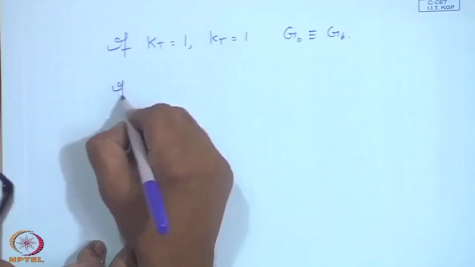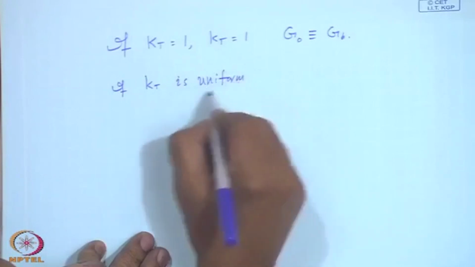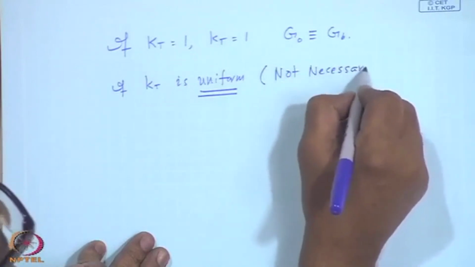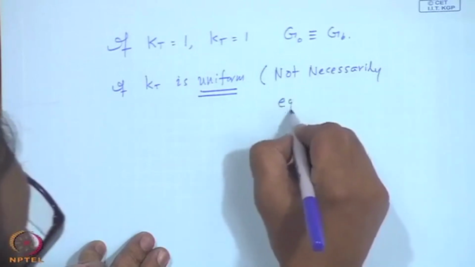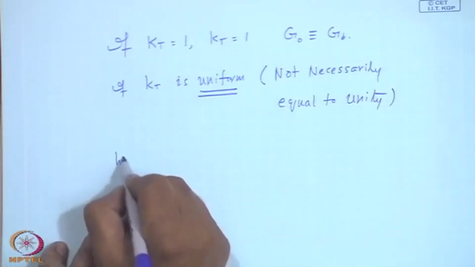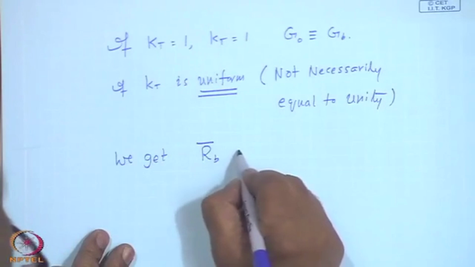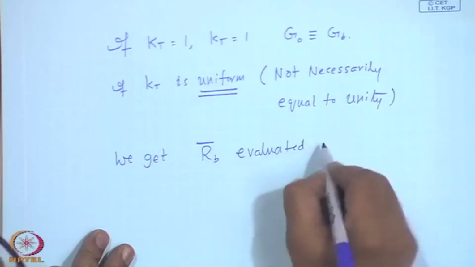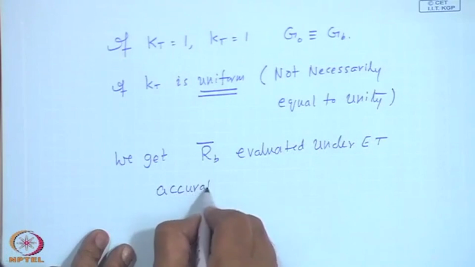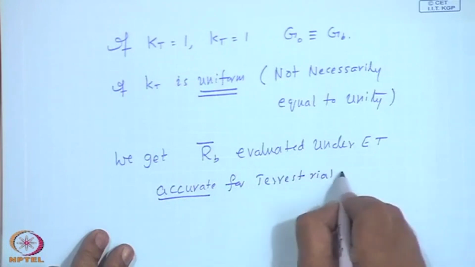By this we proved, if kt is uniform, that means not necessarily equal to unity, we get Rb bar evaluated at ET accurate enough for terrestrial calculation also.